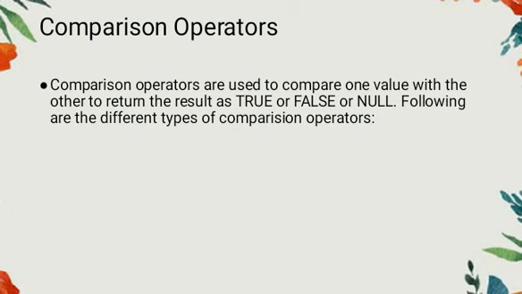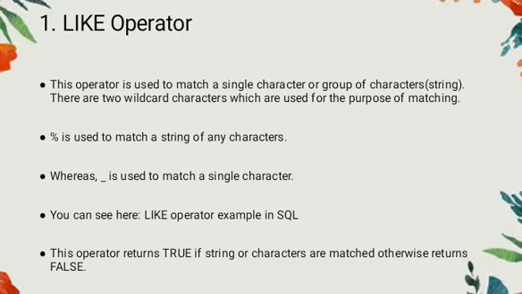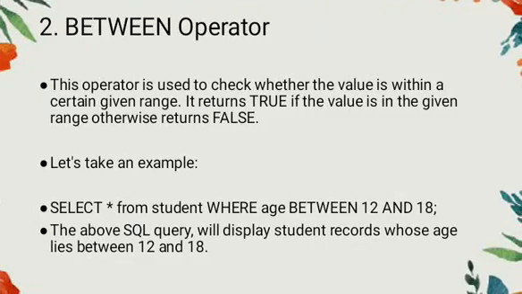Next, comparison operators. Comparison operators are used to compare one value with another to return the result as true or false or null. For example, LIKE and BETWEEN. Here, the BETWEEN operator is used to check whether the value is within a certain given range.